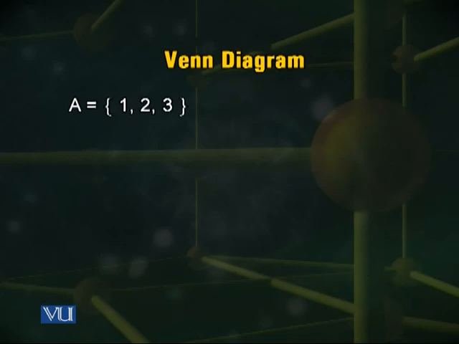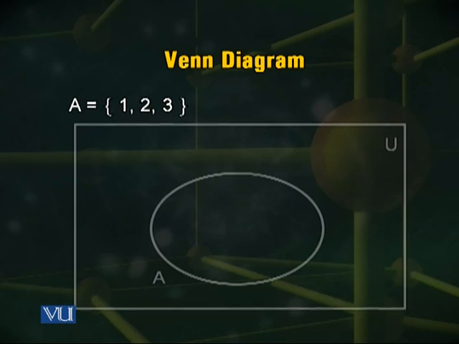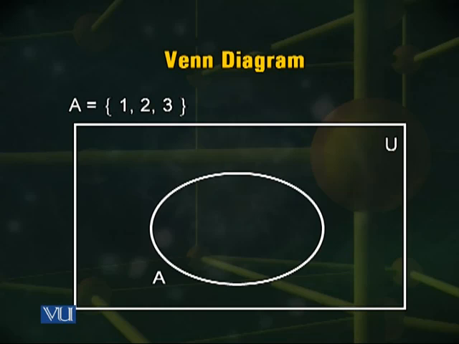As you see in the first slide, if we have a set A which contains elements 1, 2 and 3, we can represent this graphically in Venn diagram as a closed figure, an ellipse with elements 1, 2 and 3 written inside the ellipse. It's not necessary to write these elements inside the ellipse because it is understood that the interior of this ellipse represents all the elements in the set.